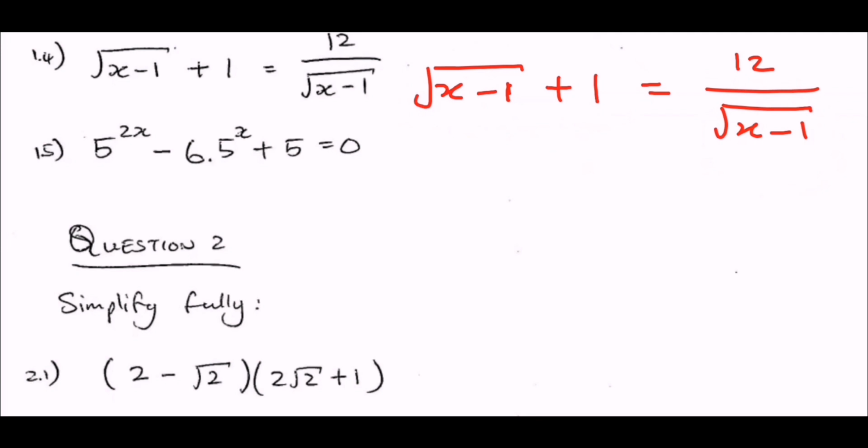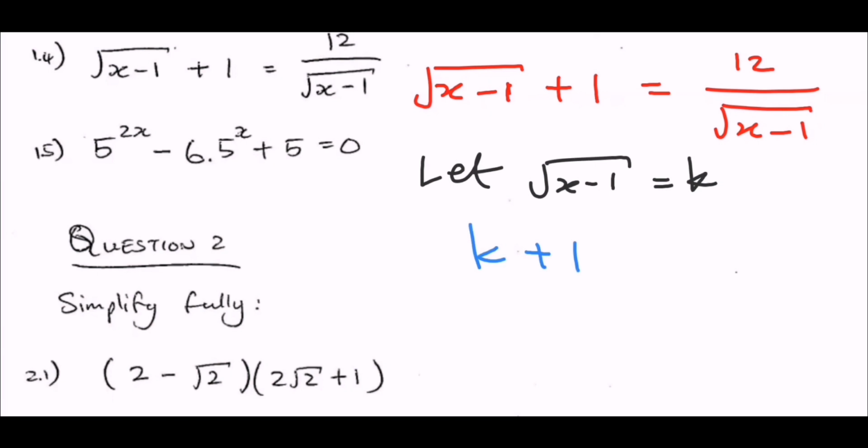You know what? Just to make things easier, I'm actually first going to let that square root be equal to k. I think this is going to help everyone see what's going on. So if I say let the square root of x minus 1 be equal to k, then this is simply just k plus 1 equal to 12 over k.